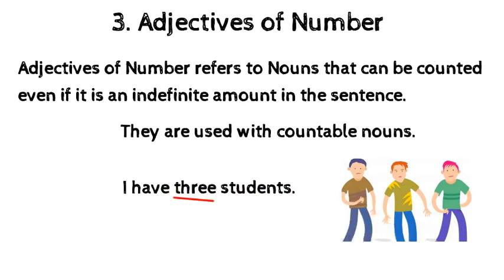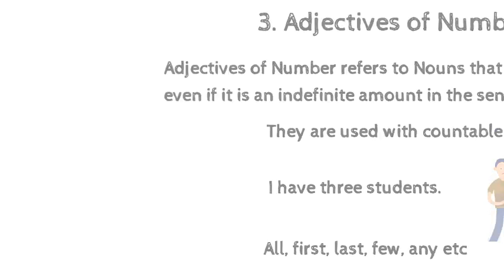So the word 3 is a definite amount, and hence it is one of the examples of adjectives of number. And there are many words such as all, first, last, few, any, etc., which are said to be in an indefinite amount, and all those are some of the examples of adjectives of number. I hope you are clear with adjectives of number now.